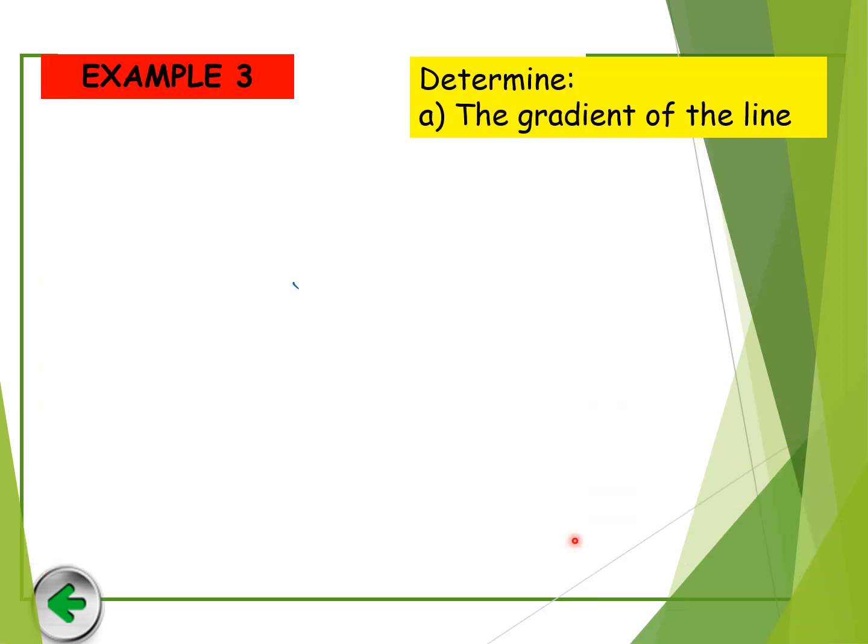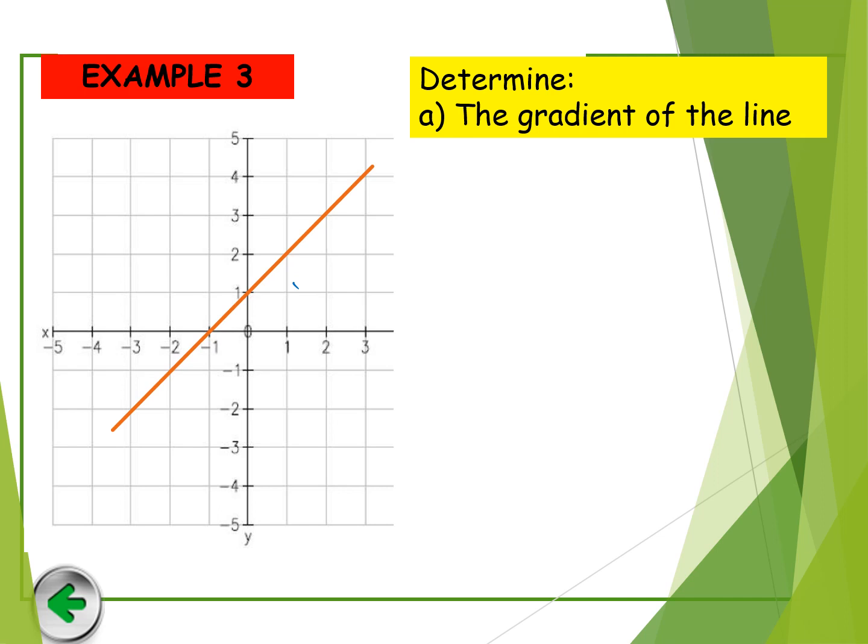Example 3, we have here again a Cartesian plane and a straight line. So what we're going to do is to take 2 points. So I'm going to use a different color, and I'm going to take this point and this point. We're going to draw a line, come straight down, and then come across, and it forms a right angle triangle.